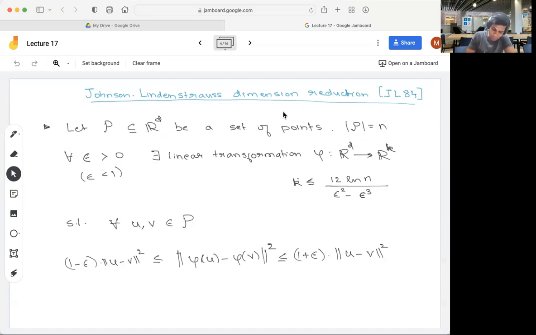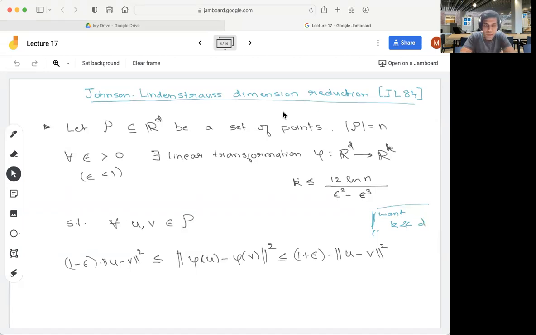And what we want to do is map or embed our data set to points in k-dimensional space, where we want the dimension to be much less than what we started with.